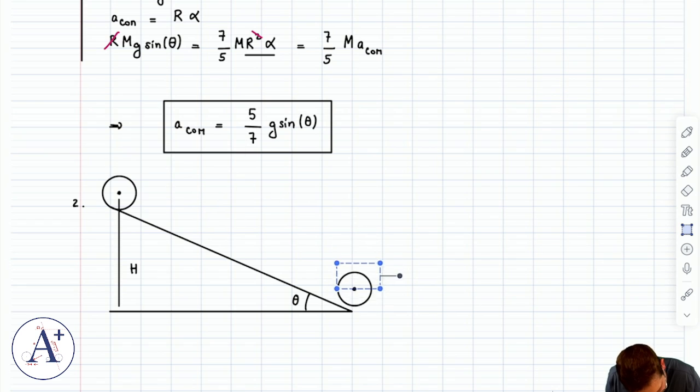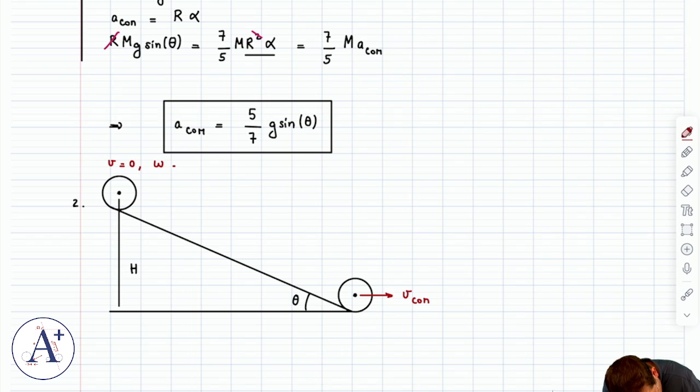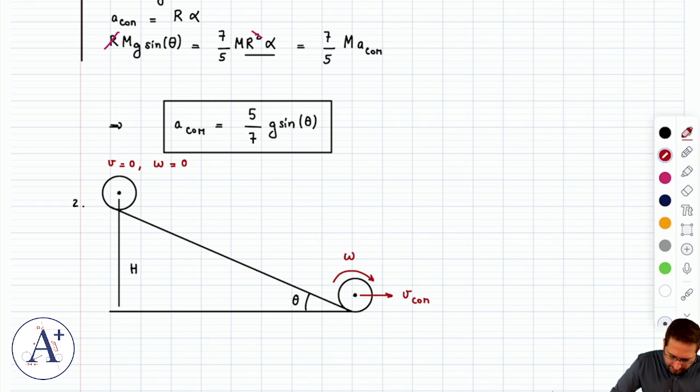Starts at rest, rolls without slipping down the incline, and we want to figure out how fast the center of mass is moving at the bottom of the incline. Okay, so that would be v center of mass down here. Given that up here, v is equal to 0, omega is equal to 0, right? By the way, down here, we also have omega, call it omega final if you want, because it's rolling without slipping.